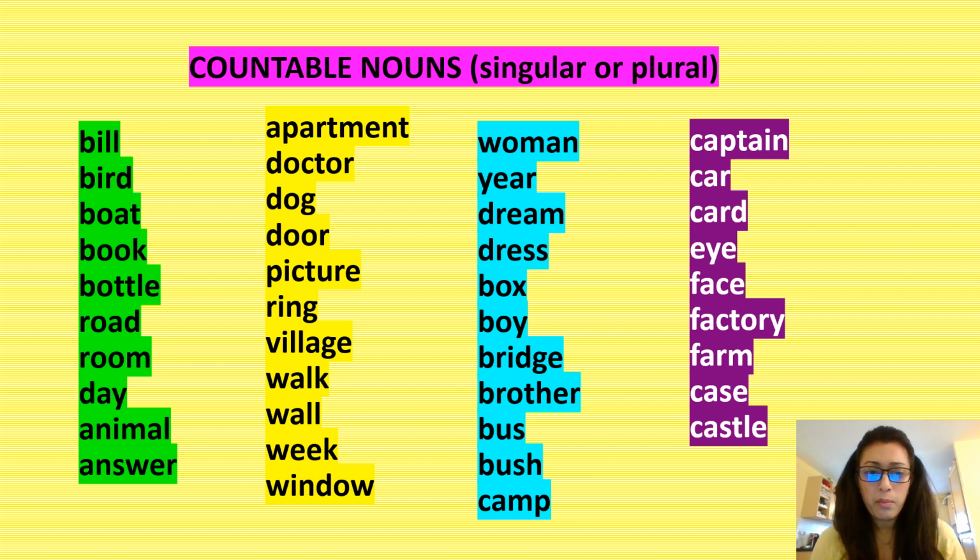Bill, bird, boat, book, bottle, road, room, day, animal, answer, apartment, doctor, dog, door, picture, ring, village, walk, wall, week, window, women, air, dream, dress, box, boy, bridge, brother, bus, bush, camp, captain, car, card, eye, face, factory, farm, case, castle.